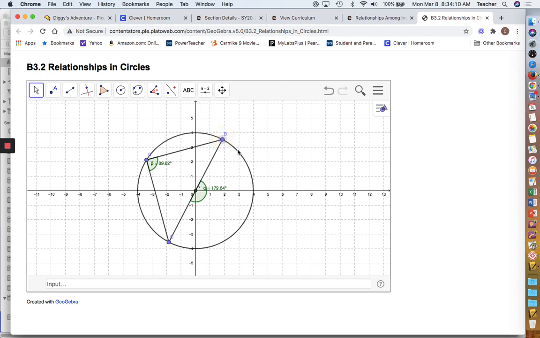I'm trying to get that to 180 for it to be a diameter. I don't know if that's going to happen. I can get it close. There's 180.13. 180.4529. I don't know if I can get it in a diameter.